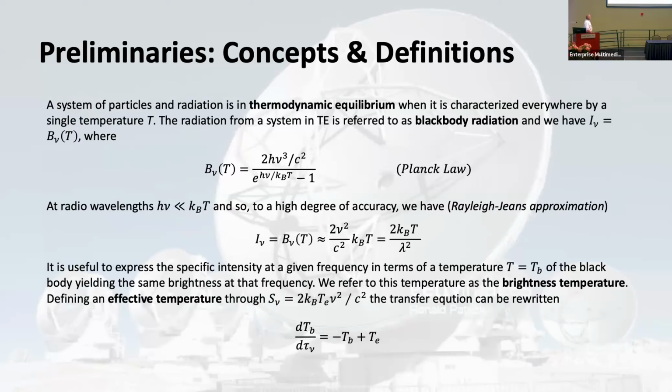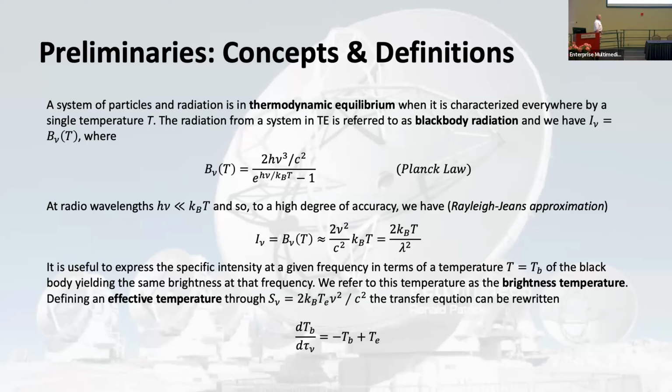Okay, here's an idea that maybe you're less familiar with. Black bodies have been mentioned. So systems in thermodynamic equilibrium for both the radiation and the particles can be characterized by a single temperature. And if that's so, then the specific intensity is characterized by this function B sub nu, the Planck function, okay? You've all seen it before.